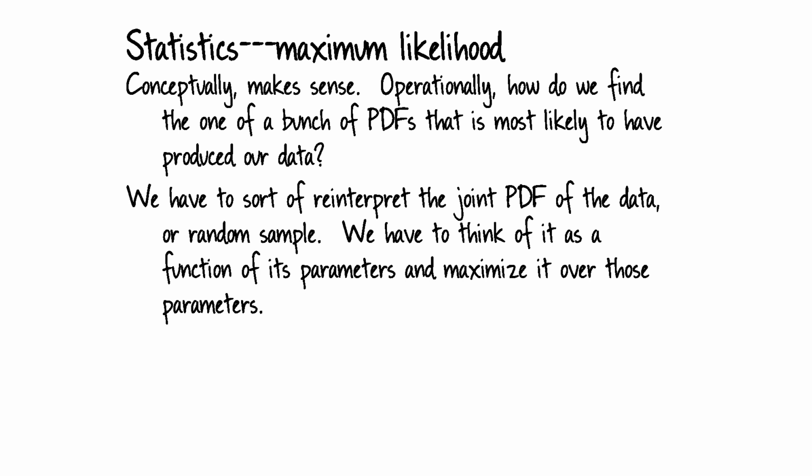Now we think of this joint PDF as a function of the parameters. We'd always taken the parameters as given. They were just constants in our function. Now we think of that joint PDF as a function of those parameters, and we're going to maximize that joint PDF over the possible values of the parameters.